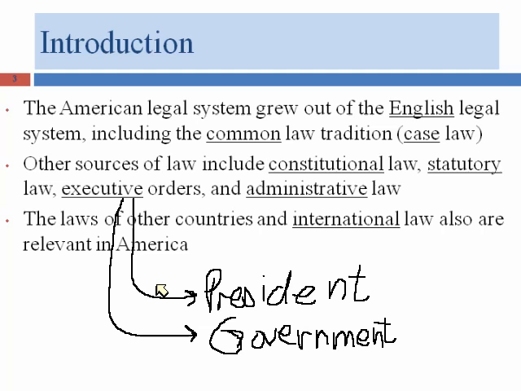He doesn't have the capacity to create laws. But he can tell his subordinates what to do. So he can order the Department of Labor to do something different, or he can tell the Department of Defense to do something different. So he can affect that part of our country, the part that is the government.